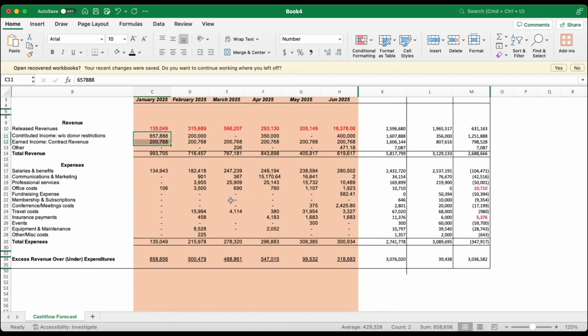When you're putting these numbers in, this is what I was talking about, thinking through what income you're expecting to receive and what expenses you have, because that's what gets plugged in here. And remember, this is a working document. So there are times where this column might have been completely blank with the exception of salaries and maybe professional services, the things that we knew the organization was going to have.